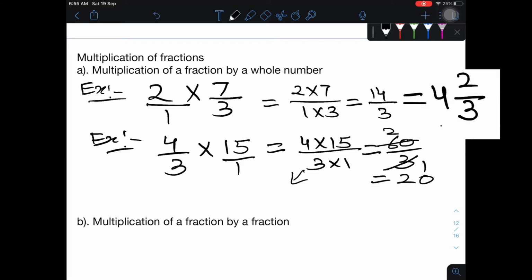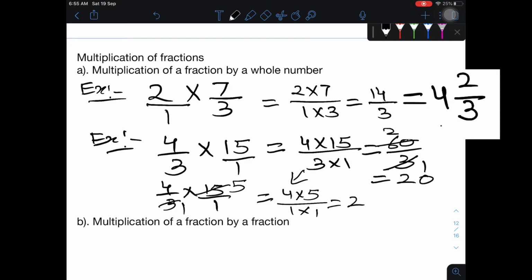Always remember that, students, you can solve the questions in this way also. Just suppose 4 by 3 into 15 by 1 is given to you. Just do the simplification in your earlier stage. 3 ones are 3, 3 fives are 15, and now multiply 4 into 5, 1 into 1, so you will get 20 from here directly.